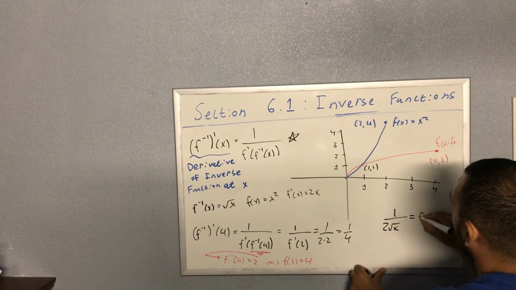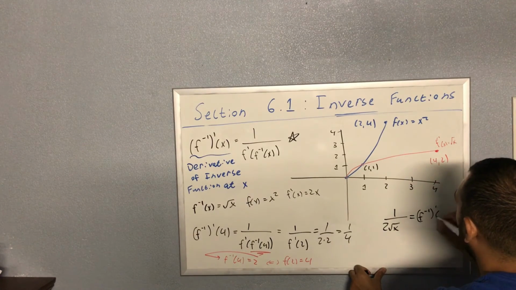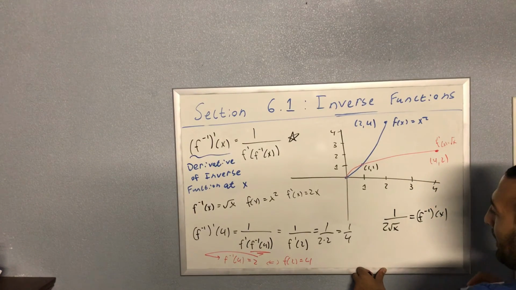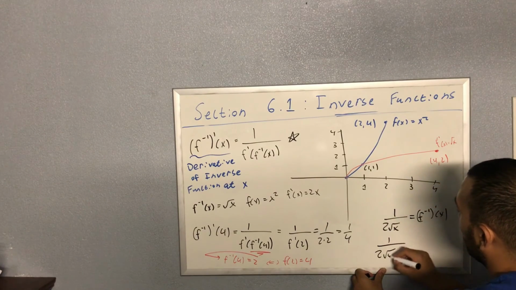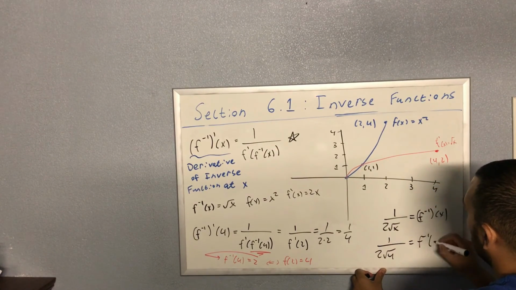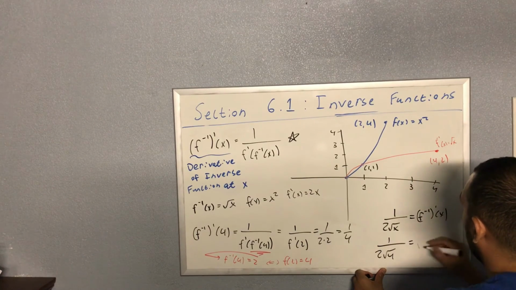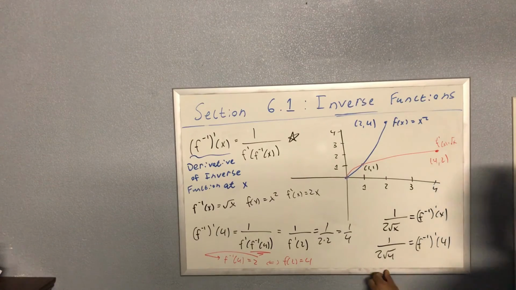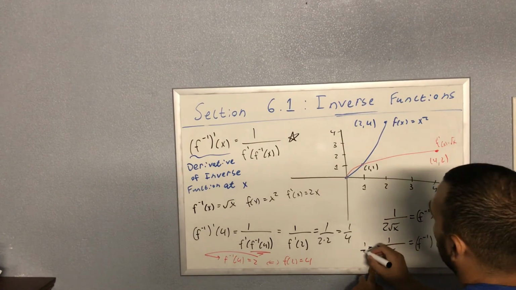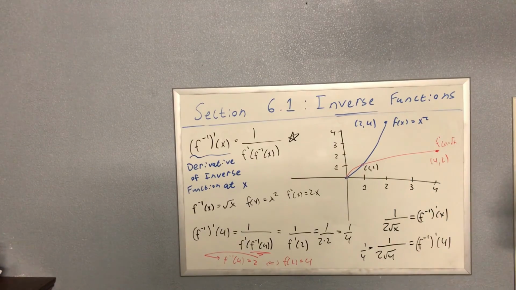So this is literally what f inverse prime of x would be. So if you stick 4 into this, this will be 1 over 2 root 4. That's f inverse prime of 4. And then this is 2 times 2 once the square root is gone, so that's 1/4. So again, we can confirm this just by what we know.